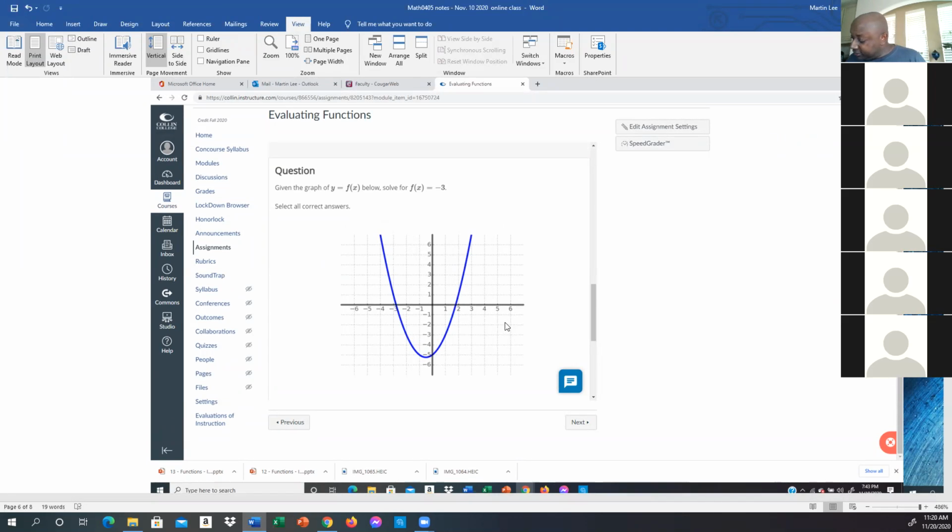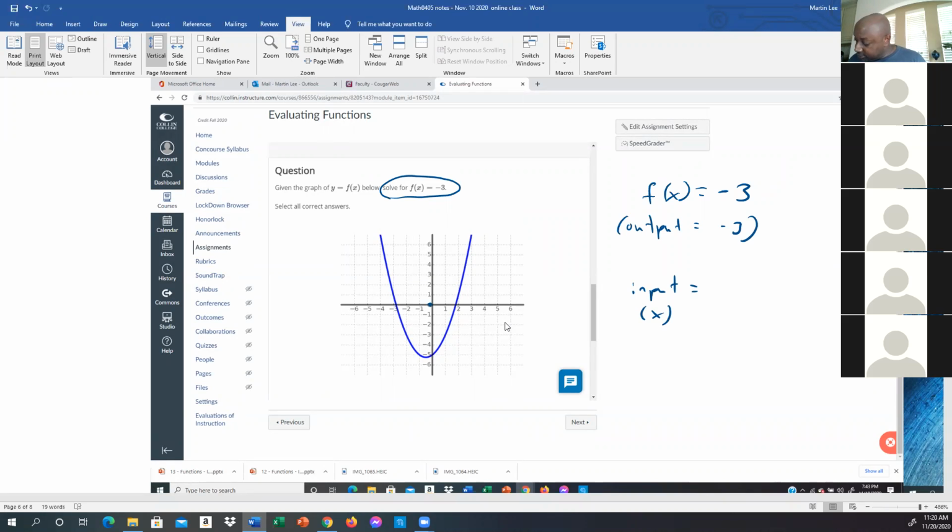Okay, for this problem, they give us that our output value is -3. So f of x equals -3, or my output equals -3. So now what are my input values, or what are my x values?